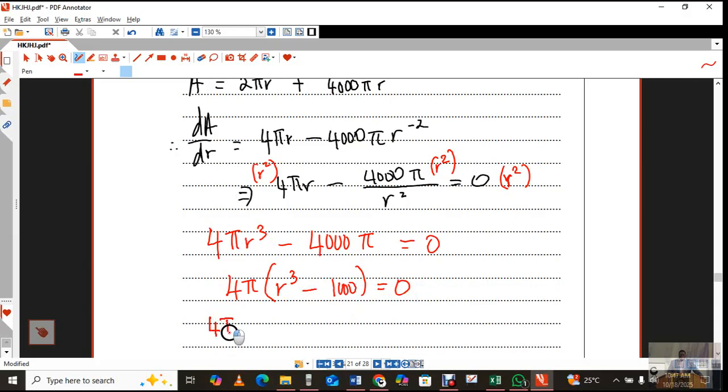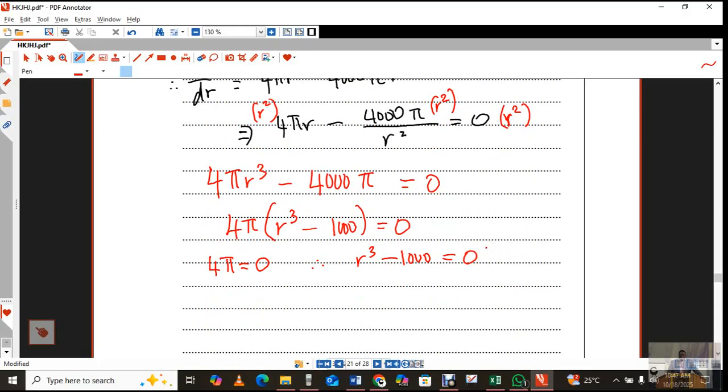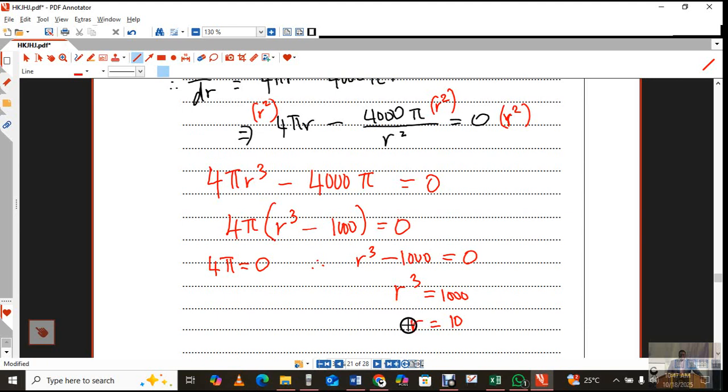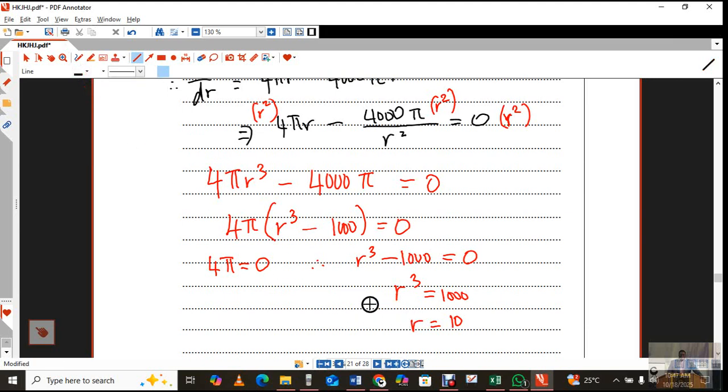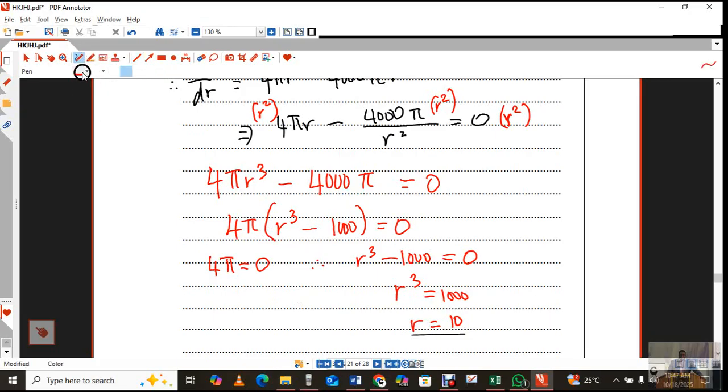Then the equation becomes 4 pi is equal to 0. There's nothing there to see. I am interested in r cubed minus 1,000 is equal to 0. So from here, I will see that r cubed is equal to 1,000. If you take the cube root, it will be 10. So my r value is 10. Now, what is h?